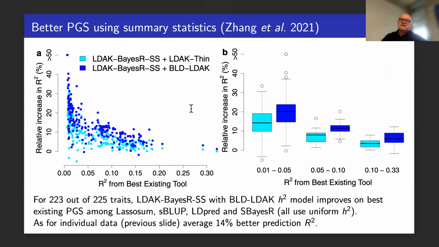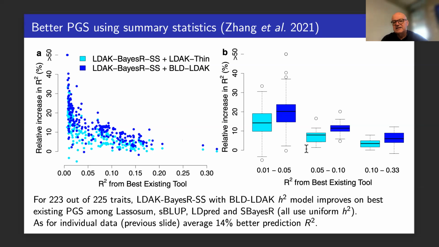And this is similar kind of conclusions, but now for summary statistic data. And so we could look at many more phenotypes here. The methods we show here, I think we looked at more, but there's lasso-sum, SBLUP, LDpred, and SBayesR. So all of them assume the uniform heritability model, and the light blue is showing the improvement you get from a simple one parameter heritability model, which incorporates the LD thing and the MAF term, and then the dark blue is the further improvement.